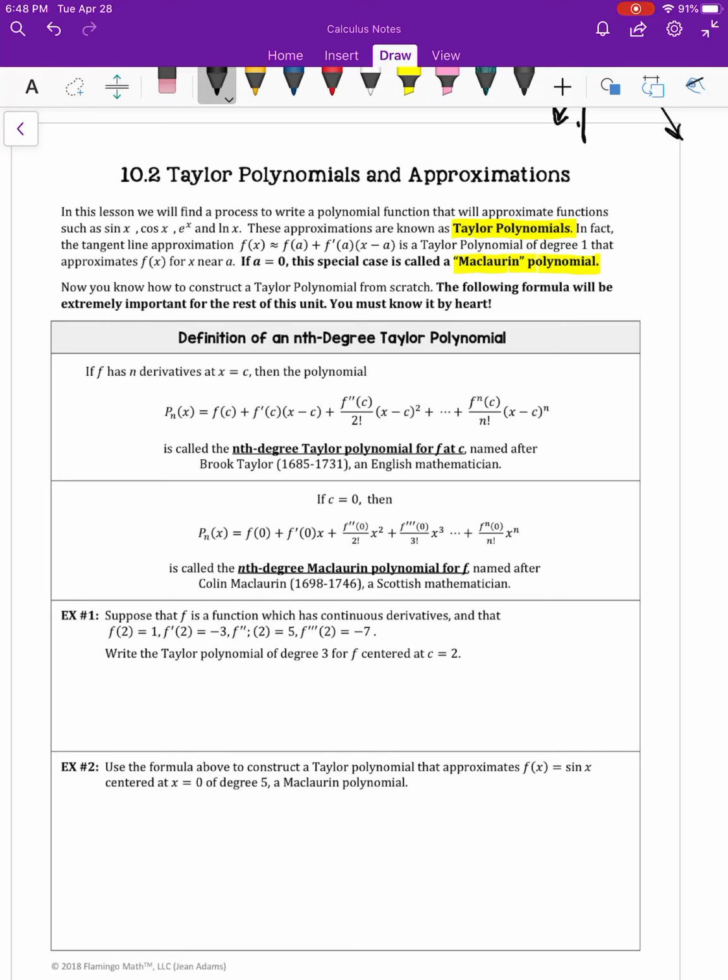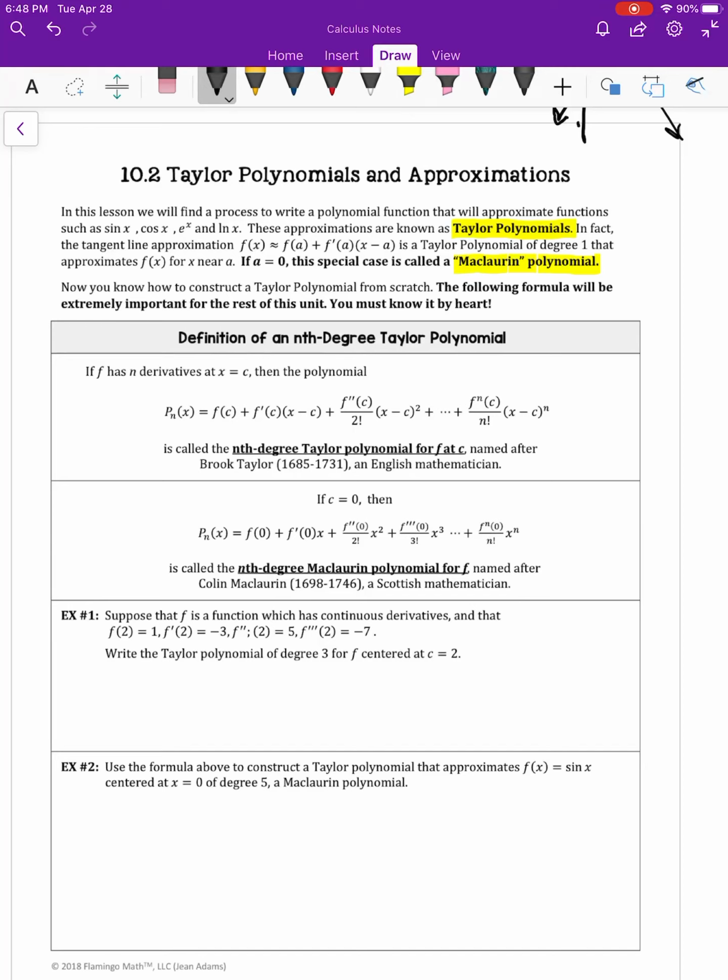If f has n derivatives at x equals c, then the polynomial p sub n of x is equal to f of c plus f prime of c times x minus c plus f double prime of c divided by 2 factorial times x minus c to the second power plus dot dot dot f to the nth derivative of c over n factorial times x minus c to the nth. That is called the nth degree Taylor polynomial for f at c, named after Brook Taylor, an English mathematician.